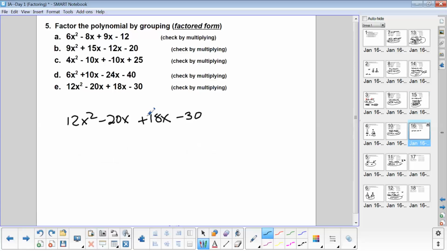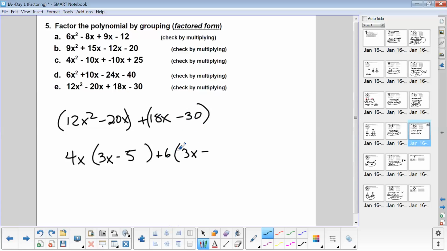This term is positive, so I'm going to go ahead and group those two and these two. GCF of 12 and 20 would be 4. X squared and x would be x. 12x squared divided by 4x would be 3x. 20x divided by 4x would be negative 5. 18x and 30, looks like 6. 18x divided by 6 would be 3x.